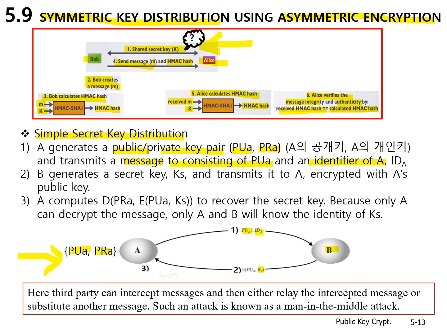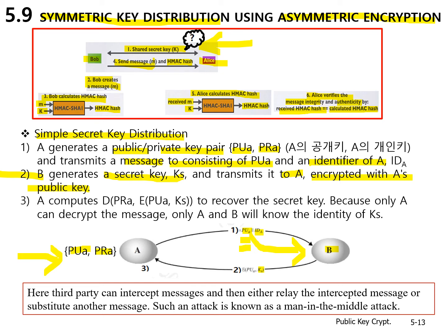When Bob receives this public key of Alice, Bob generates a session key KS and transmits it to A encrypted with Alice's public key.